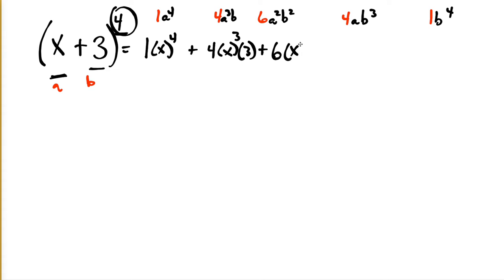So A, I'll put an X. B, I'll put a 3. Are you going to do that for every problem, put in an X? You put in the first thing, put in the second thing. So once you get good at these, you don't need to write what I wrote up on top, because you'll kind of just know to do that.